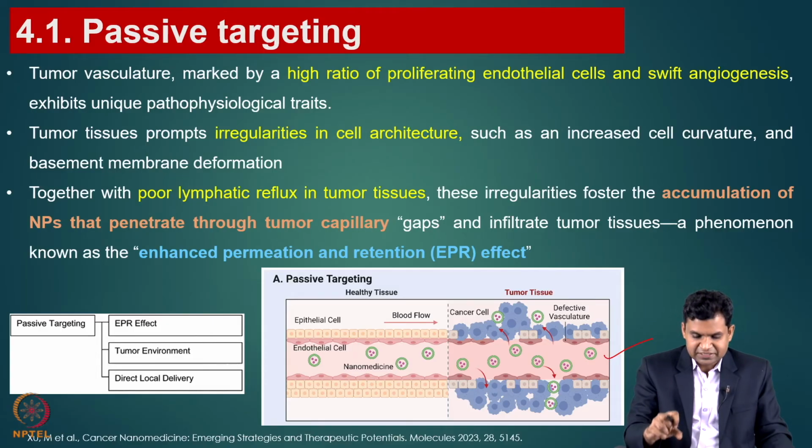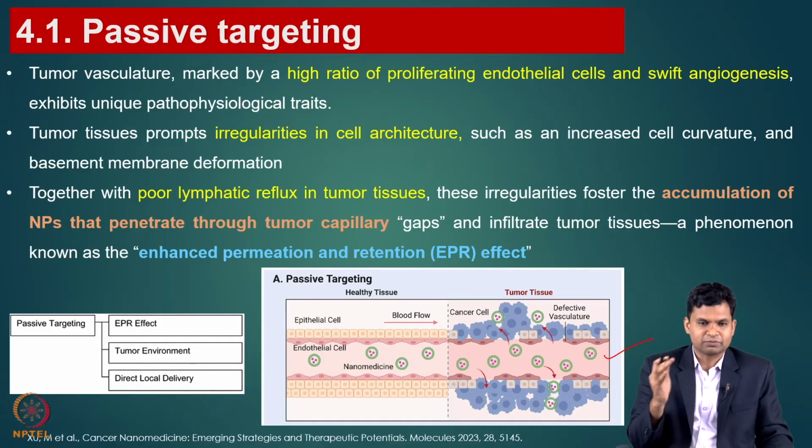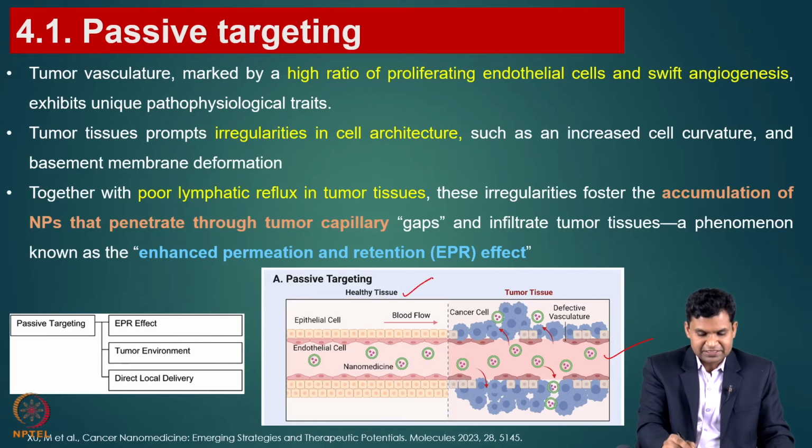So, scientists have hypothesized using the EPR effect. So, what is the EPR effect? When you target the cancer cells using nanoparticles, these cancer cells have different properties compared with the normal cells. Now, you can see the healthy cells here and the tumor cells.